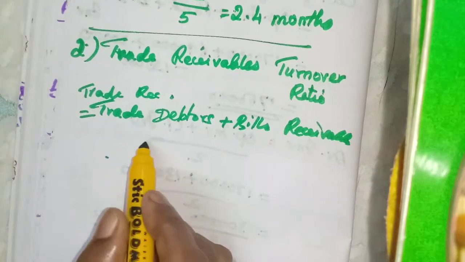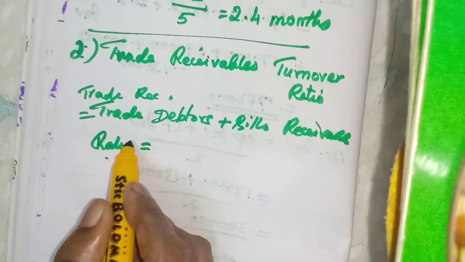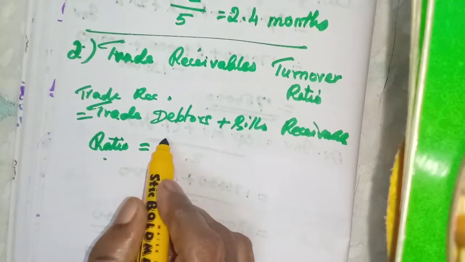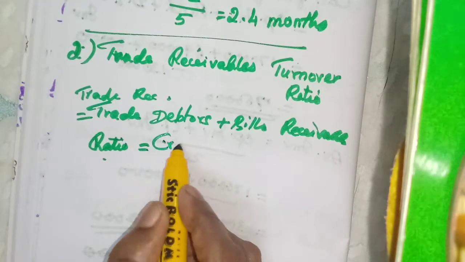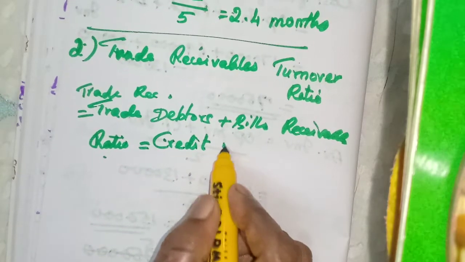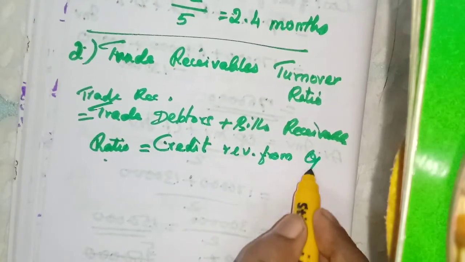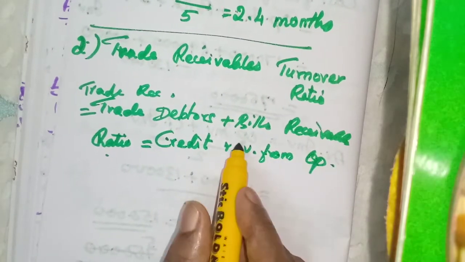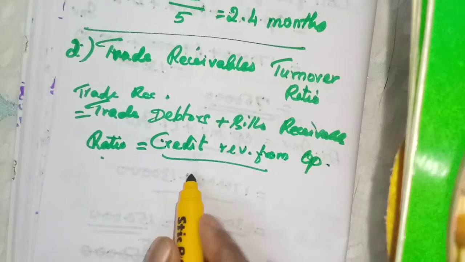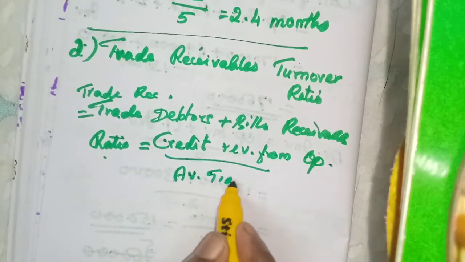So the formula: trade receivables turnover ratio is equal to the credit revenue from operation. Revenue from operation means sales, you may not be confused. So credit sales divided by average trade receivables.